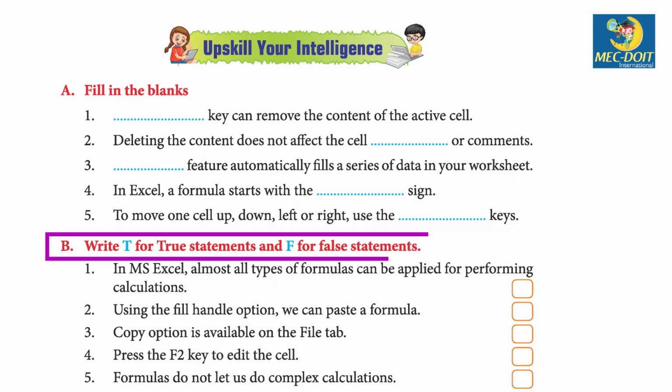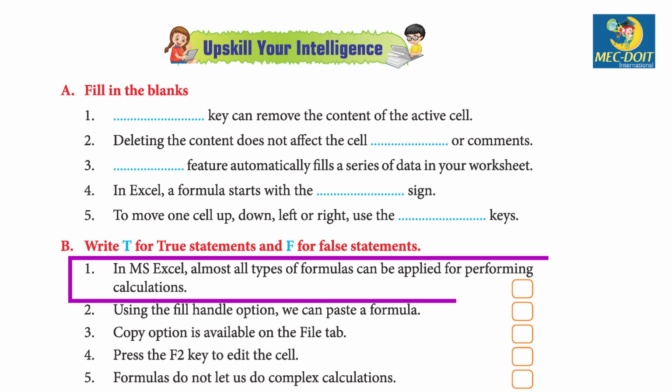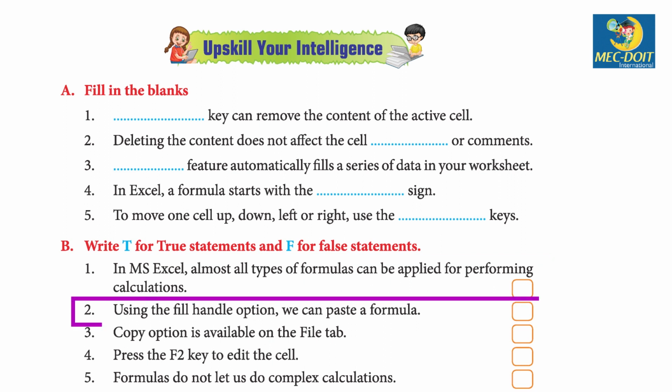B. Write T for true statements and F for false statements. 1. In MS Excel, almost all types of formulas can be applied for performing calculations. Answer: true. 2. Using the fill handle option, we can paste a formula. Answer: false. 3.